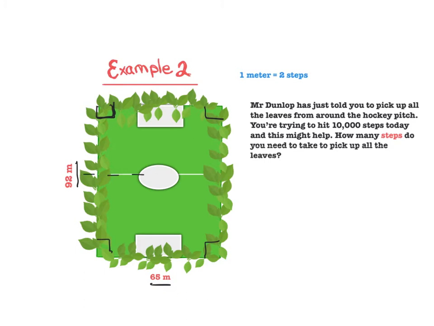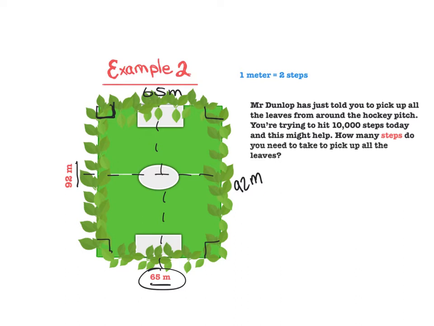So 92 meters, and we can see it matches on both sides. So if we go all the way across, that would match, and that's 92 meters. And we can see down here 65 meters. If we go all the way up, this will also be 65 meters. So all we have to do, remember, is to add up the length of each side to find the perimeter.